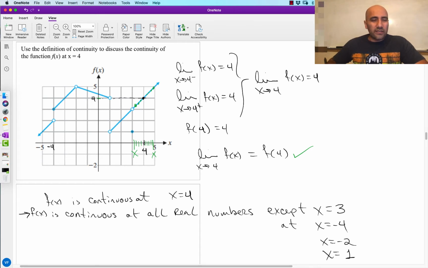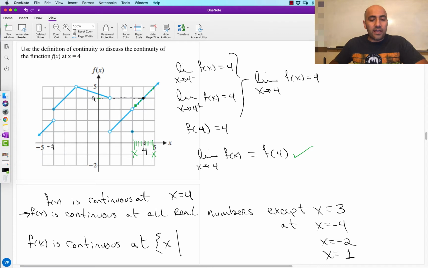Okay, notation-wise, instead of writing this whole thing down, it would be a little easier to express it this way. F of x is continuous at, you can just do this, x such that, and then you just put conditions.